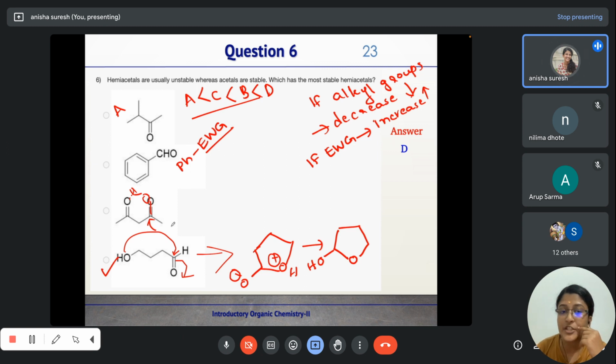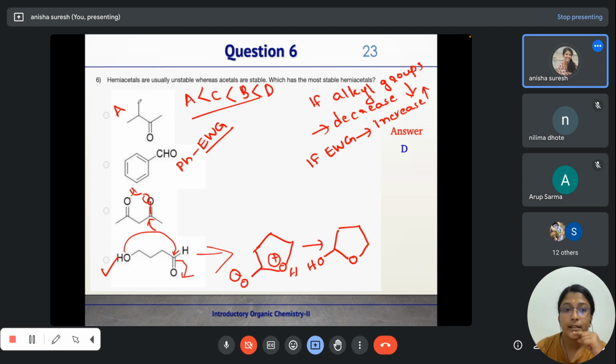Here formation of the cyclic structure will be possible, so it will be the most stable. Then here the phenyl group will be electron withdrawing, so the carbonyl carbon will be more electrophilic, so formation of hemiacetals can take place, so it will be the next stabler one. Then in case of C, if hemiacetals are forming, it can result in hydrogen bonding formation, so it can result in stability of the hemiacetal, so it can be C, next stable.